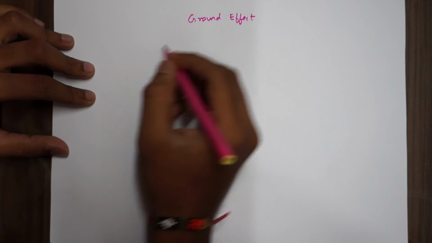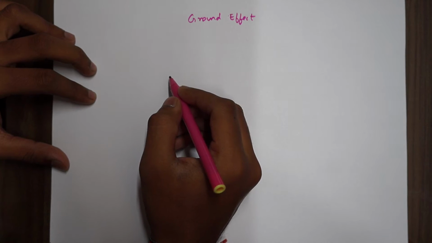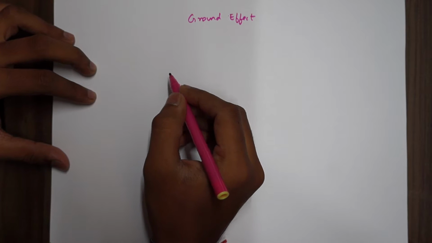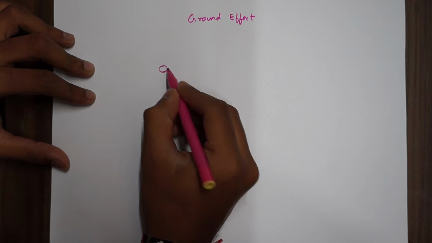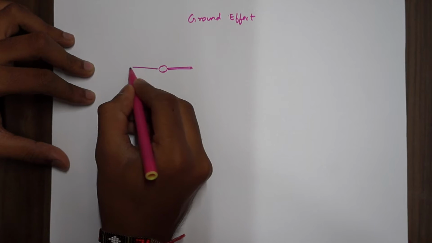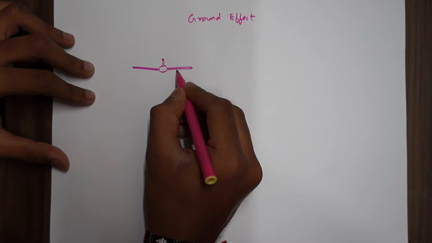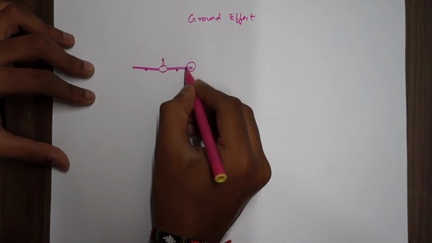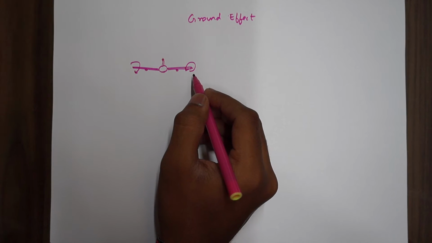In the last video, if you remember, we discussed trailing edge vortices and wingtip vortices. So when a plane is landing or taking off, if you remember, it was anti-clockwise on the right wing and clockwise on the left wing.